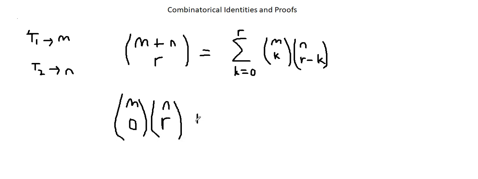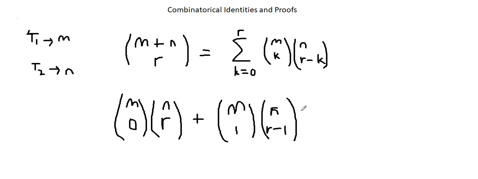That's the first case. Second case is we have m, and we choose one of them, and then from n, we choose r minus one of them. We could keep building this argument.